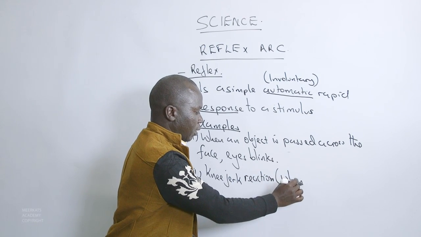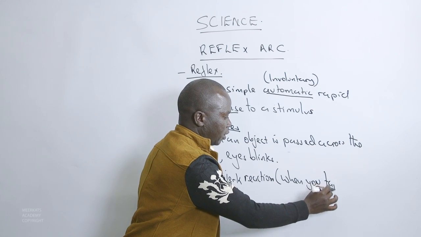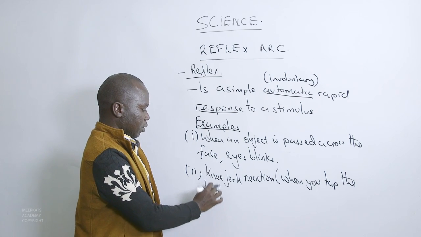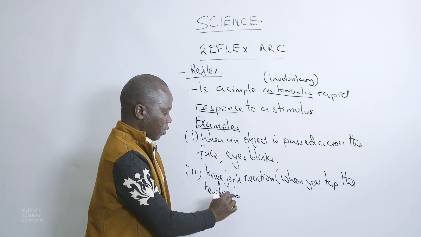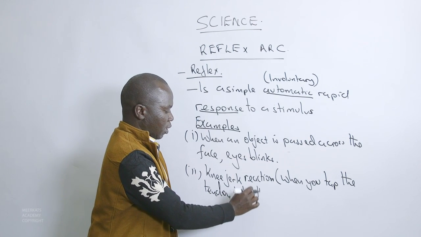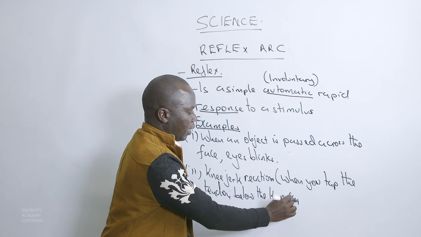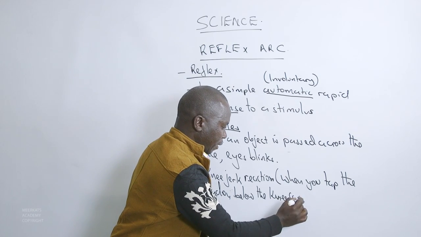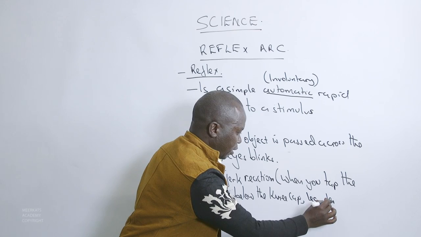When you tap the tendon below the kneecap, the leg jerks forward.